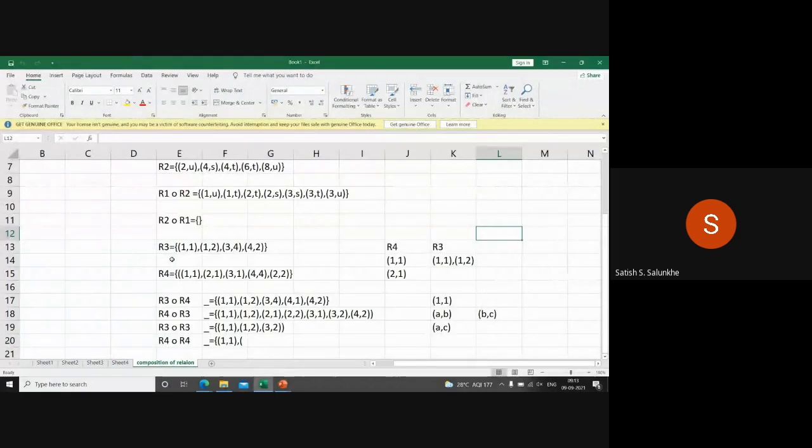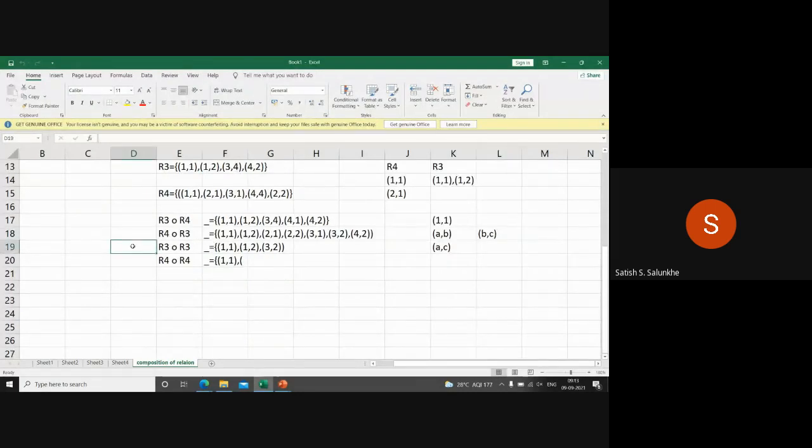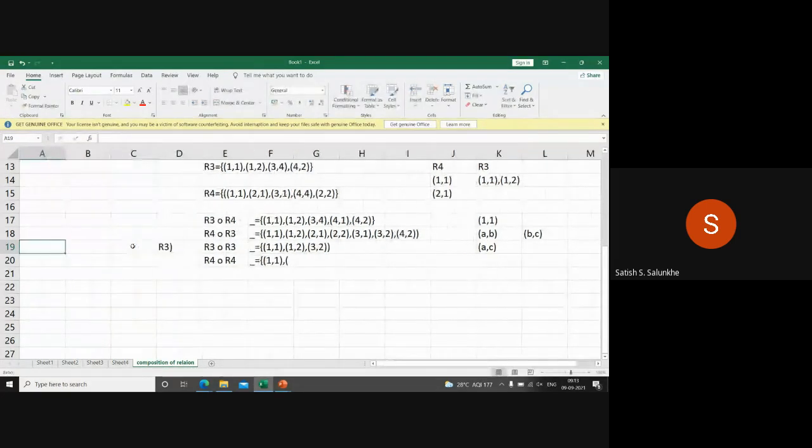Let me just check whether we have done this or not. Yes, we have done it here: R3 composition R3. So we came out with this, which is basically called a shortcut. I am not able to write the superscript or subscript here, so kindly bear with this; we just write the exponent here.